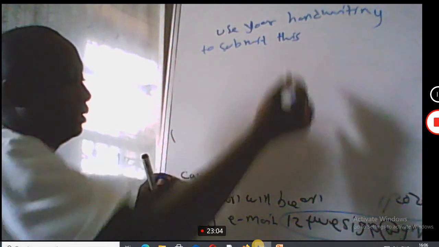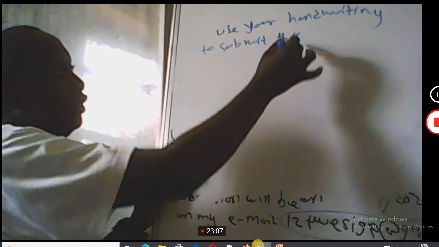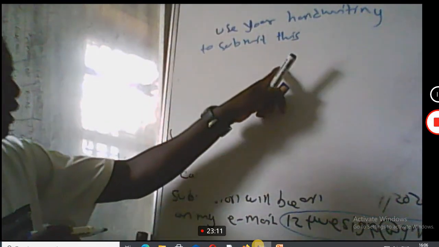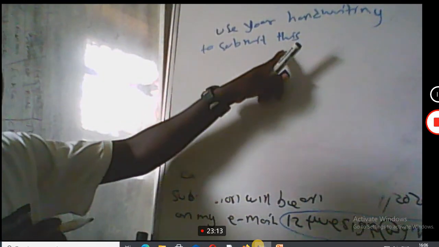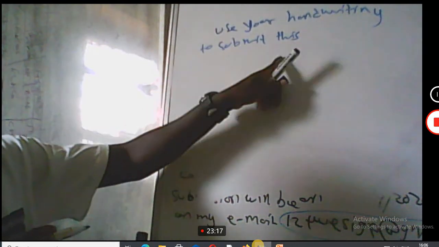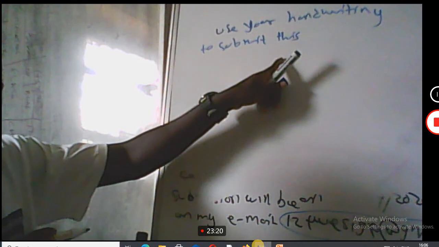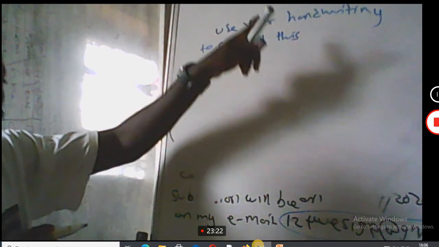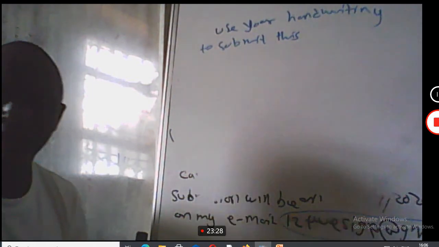In other words, you write with your handwriting alone. Then you take a photo or you scan what you have written in your handwriting and send them to me on this email. Is it okay? I hope I'm clear now. That was the best. Let me continue.